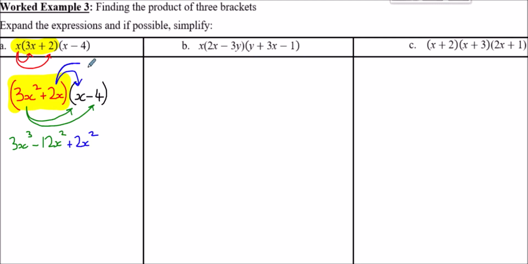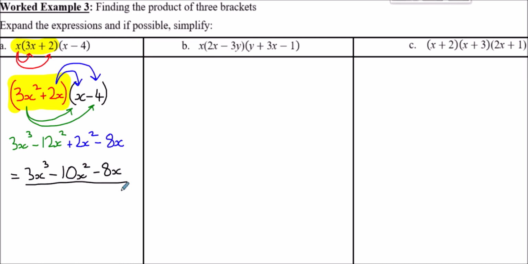And finally, positive 2x multiplied by minus 4, that's going to give us minus 8x. This can be slightly simplified down. So we've got 3x cubed, but minus 12x squared plus 2x squared, so that's only going to give us minus 10x squared overall. And then finally, obviously at the end, minus 8x.